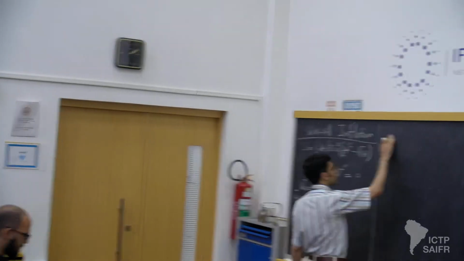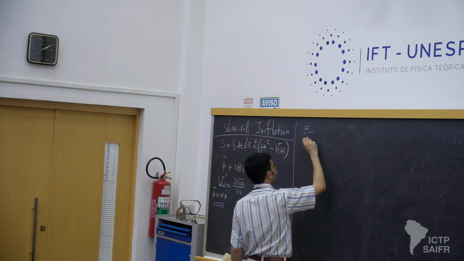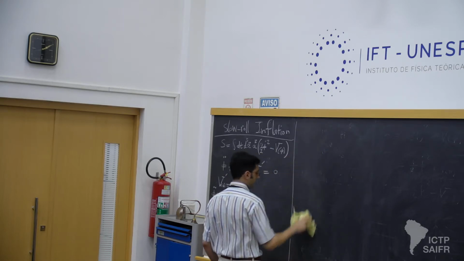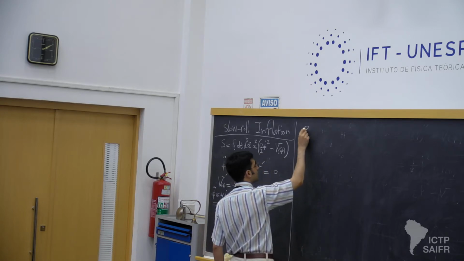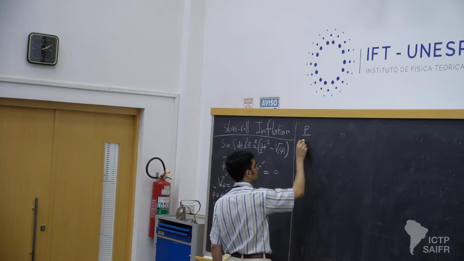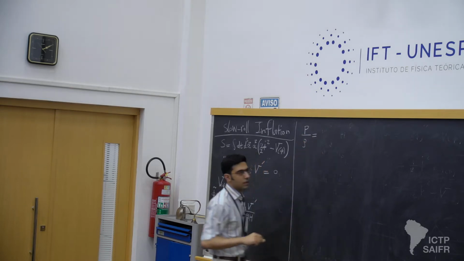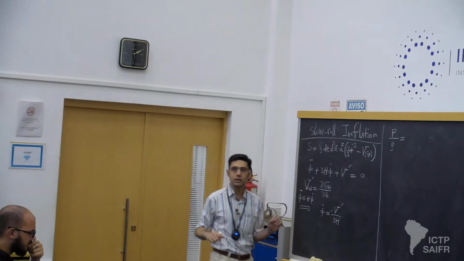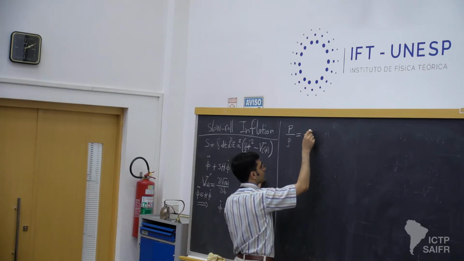So we go back to the energy density, the expressions for the energy density and pressure. I wrote the expressions in the previous lecture. If I take the ratio of P over rho of those expressions, this is going to be -1.